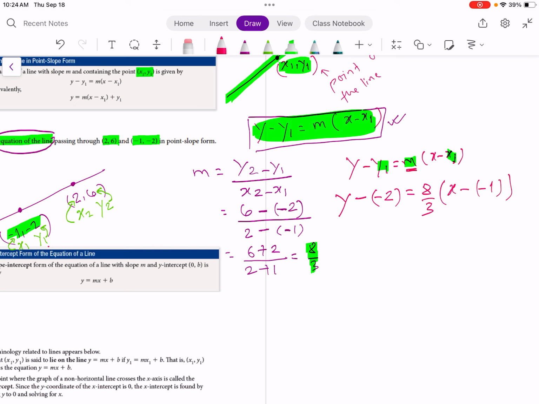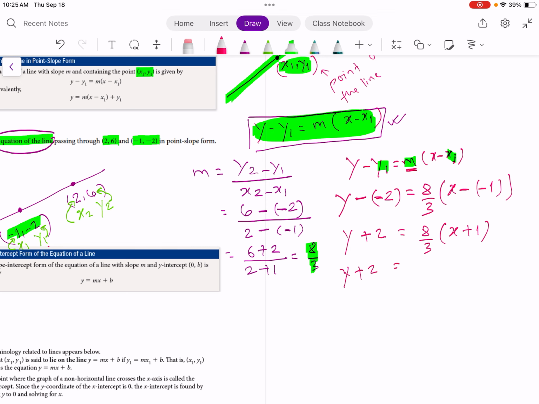Now we simplify and solve for y. So this is y, minus a negative 2, that is +2, equals 8/3 times x, minus a negative 1, +1. We have y plus 2.